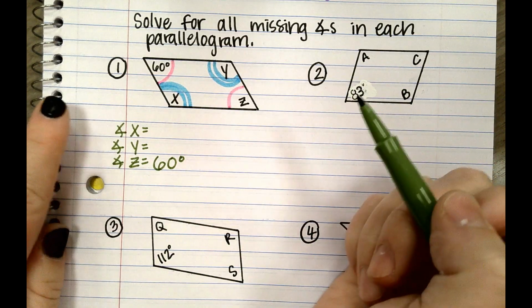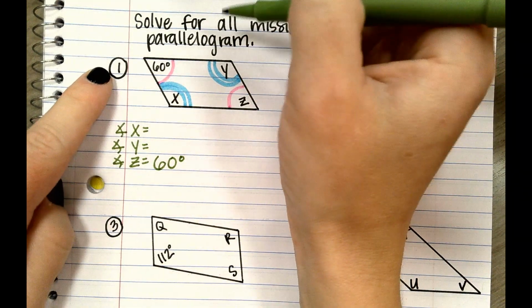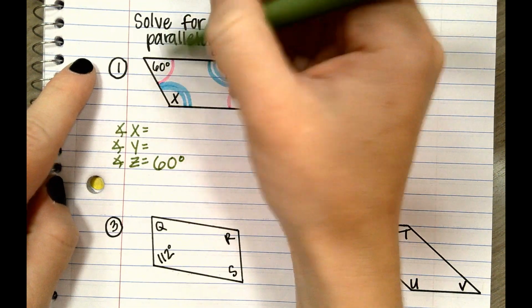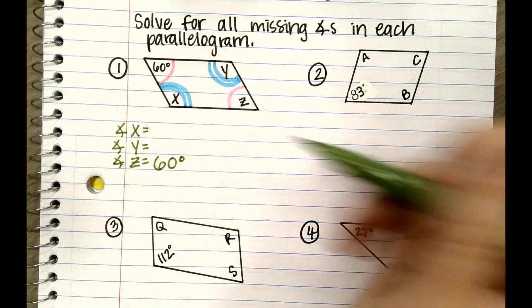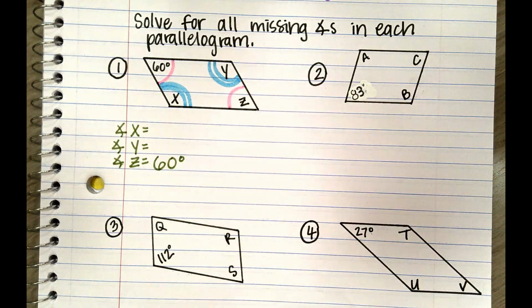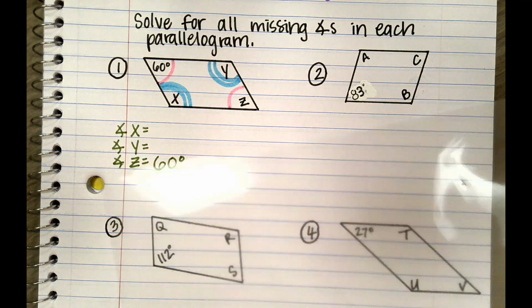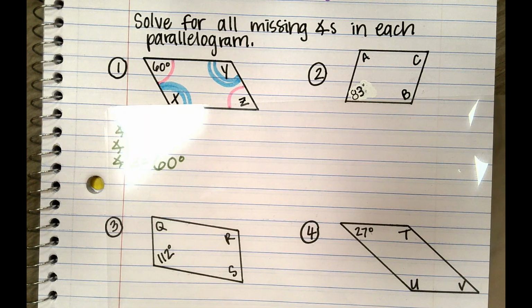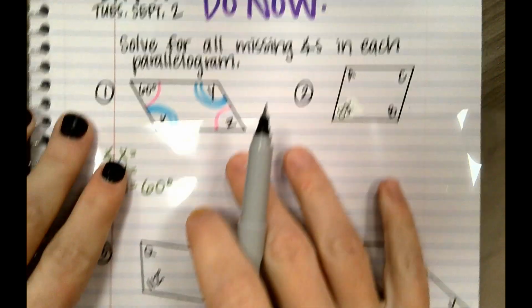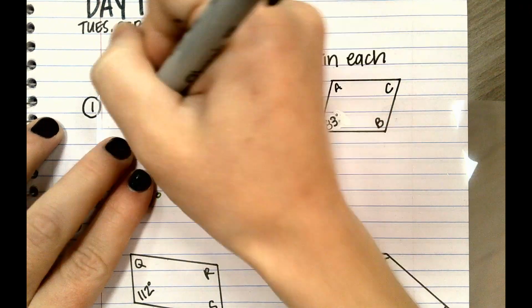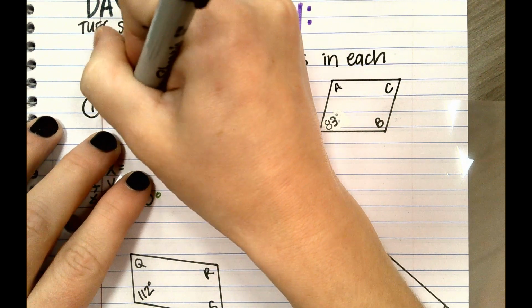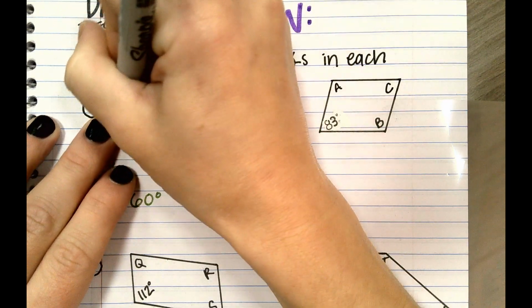There's another fact that we learned last week as well, though, about my two angles that are right beside each other. Angles that are right beside each other add up to 180 degrees because that's half of 360. And a good way that I like to show this, I'm going to show it again, is if I have my angle X right here.